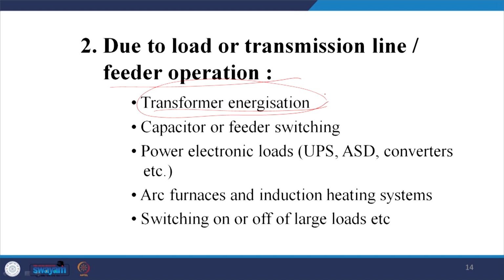So, that also causes a sag in the voltage. With capacitor or feeder switching, the capacitor will charge very fast and thus it will cause a dip in the voltage initially, and thereafter, being an undamped circuit, it continues to oscillate.